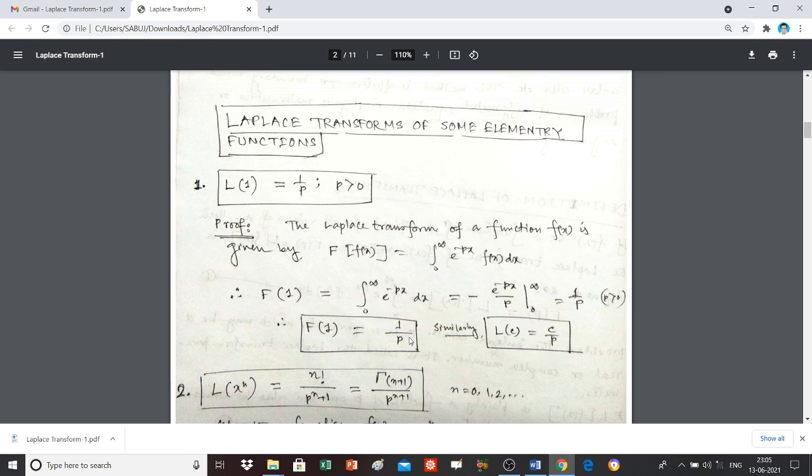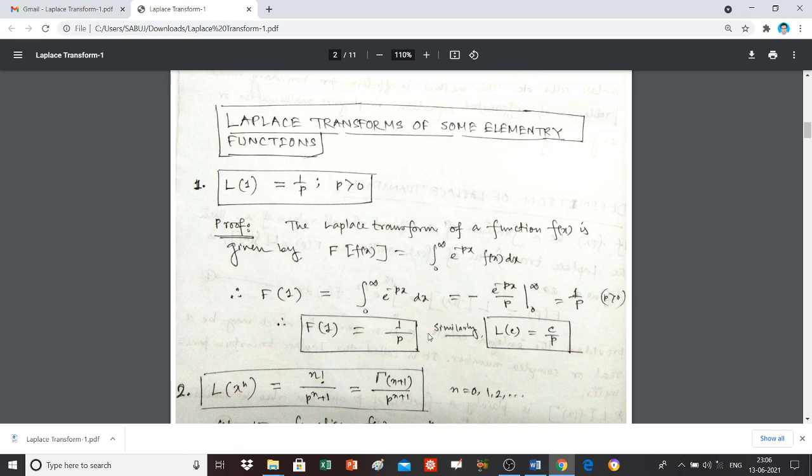Okay, that is 1 by p, and you can also write this as L using round brackets instead of square brackets. There will be no problem.